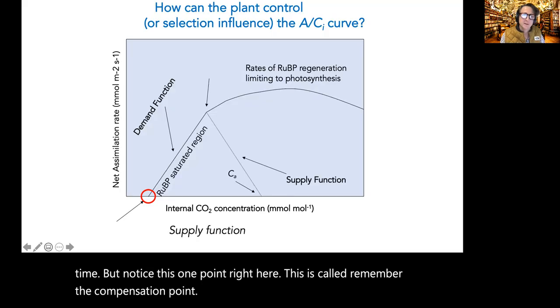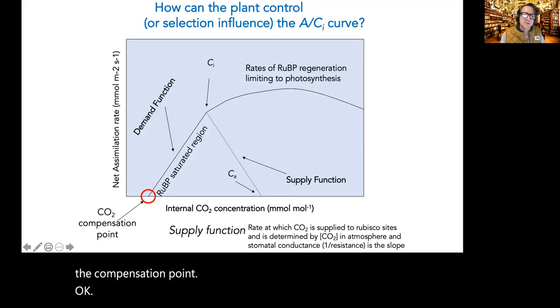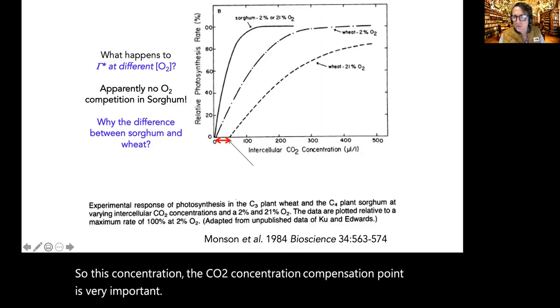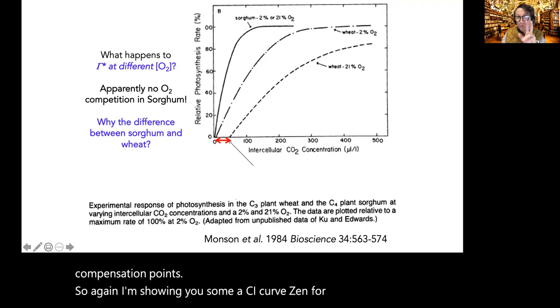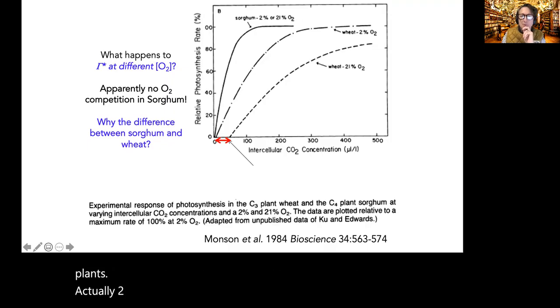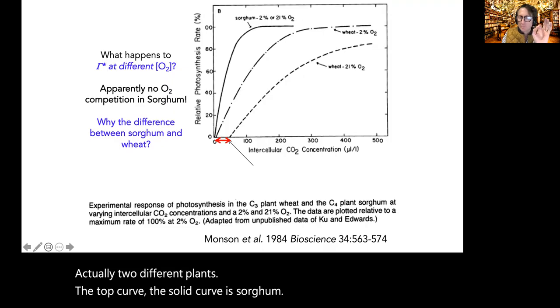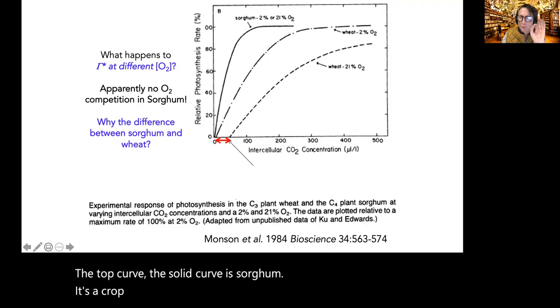Okay. So the CO2 compensation point is very important because it turns out that different plants differ in their compensation points. Again, I'm showing you some A/Ci curves for 2 different plants. The top curve, the solid curve, is sorghum. It's a crop plant, and it's an important crop plant that we're going to get to in a little bit.